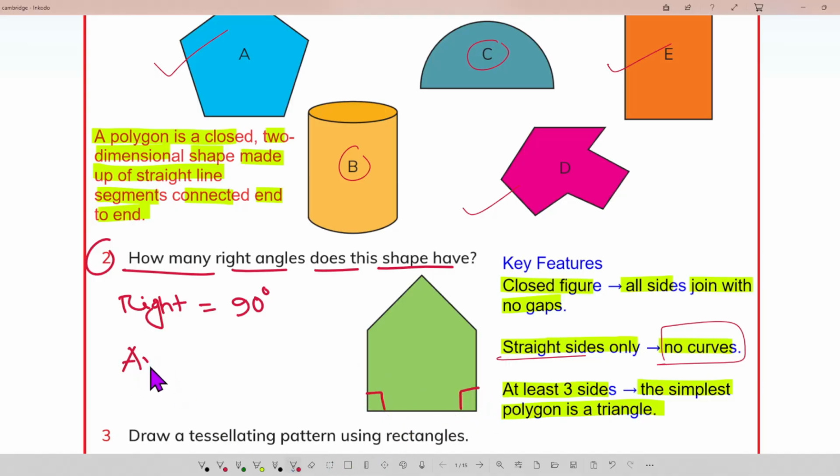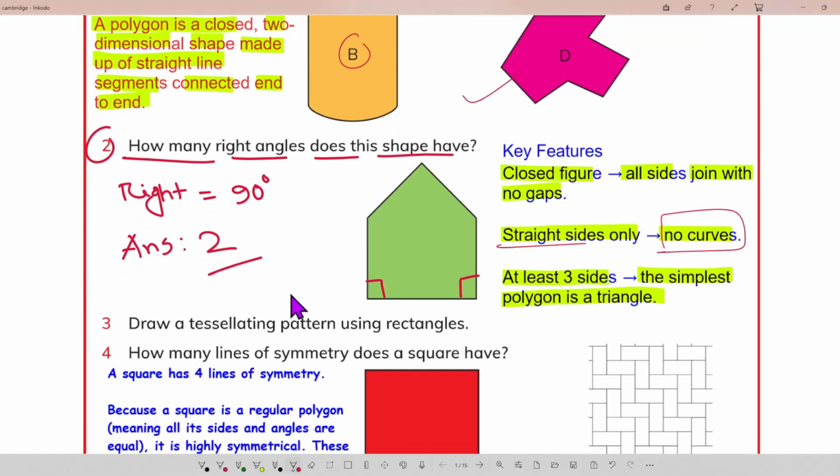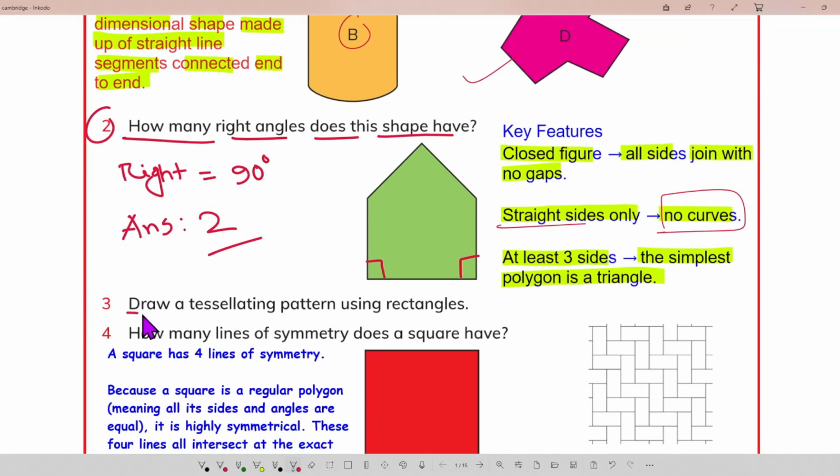So our answer is 2. Two right angles has this shape. Okay, now draw a tessellating pattern using a rectangle.